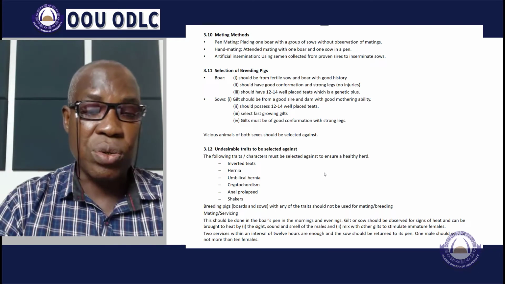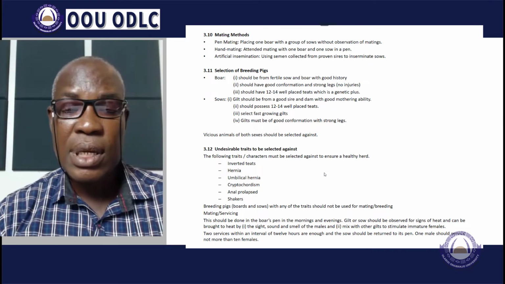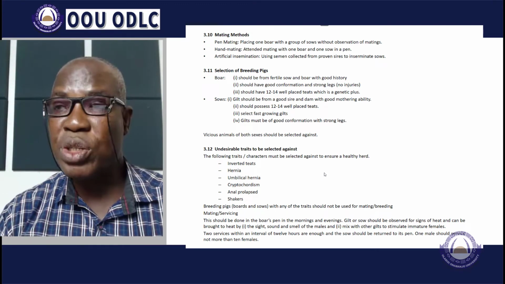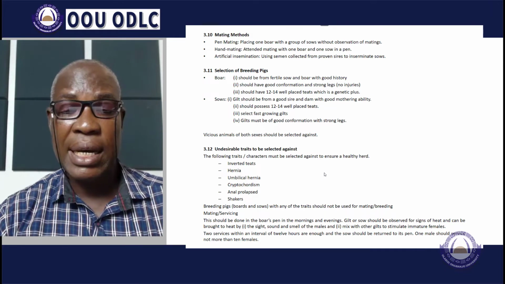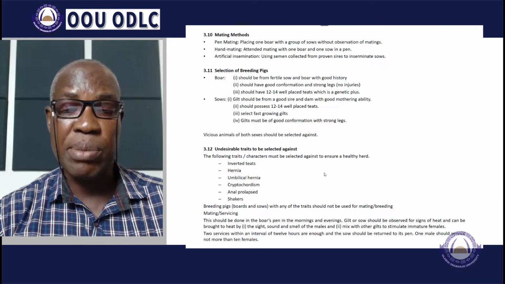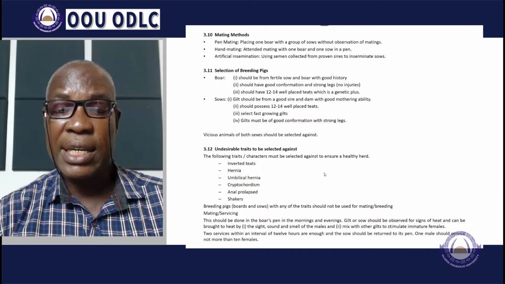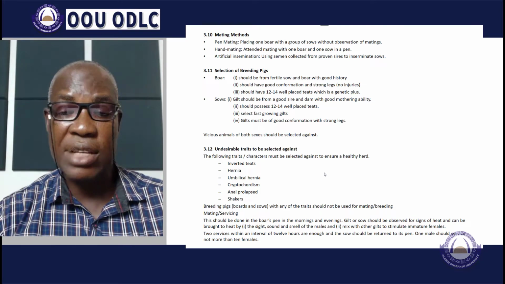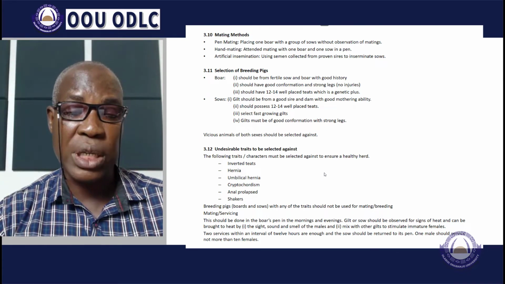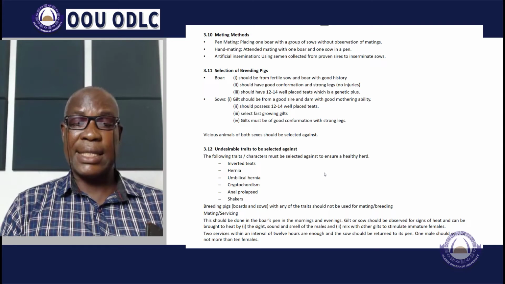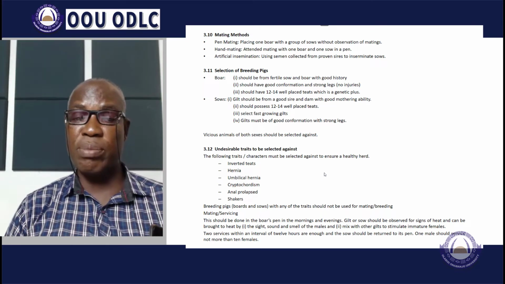It should be noted also that mating should be done in the mornings and evenings. Gilts should be observed for signs of heat and then brought to heat by the sight, sound, or smell of the males.